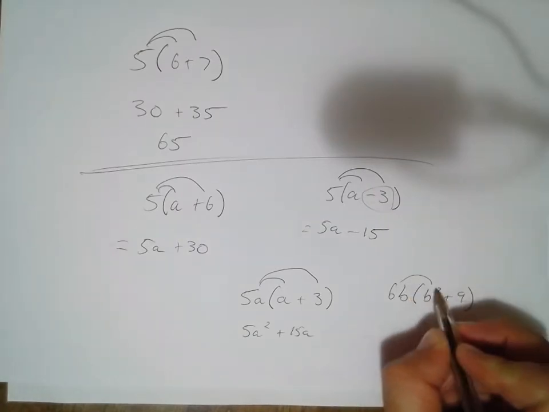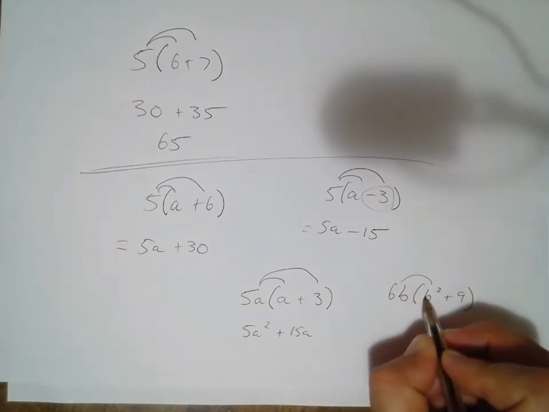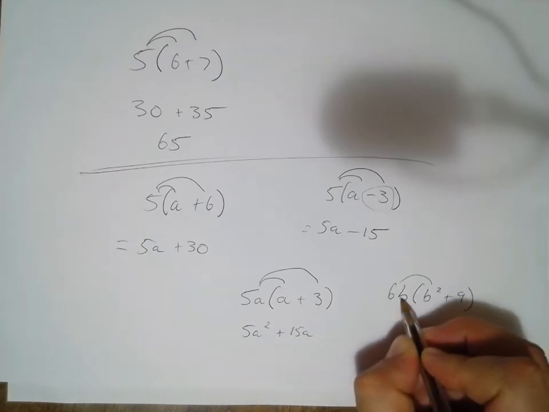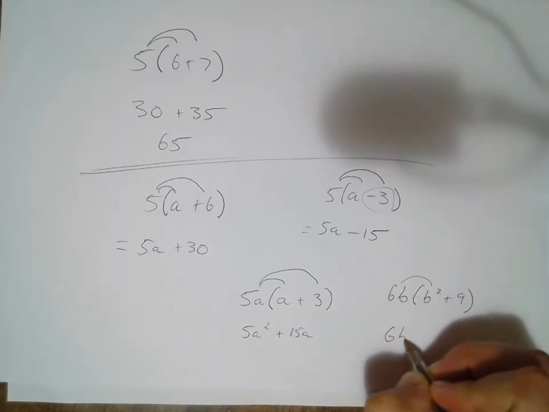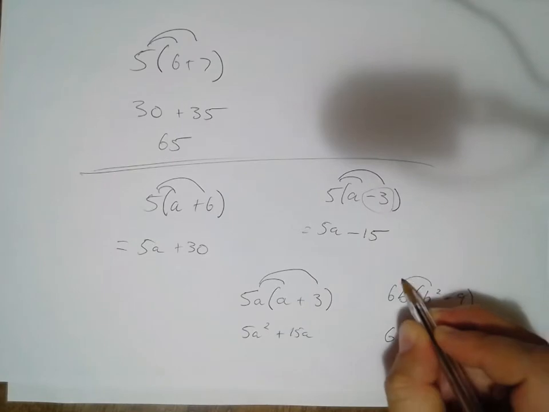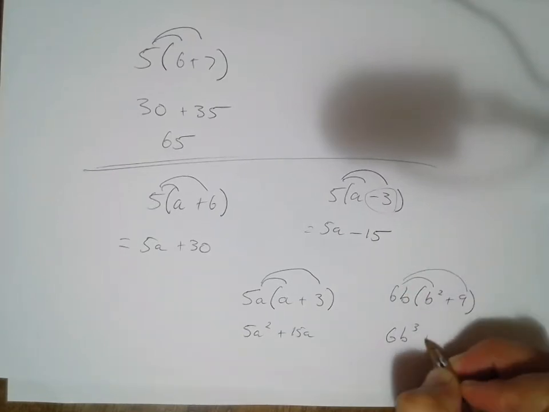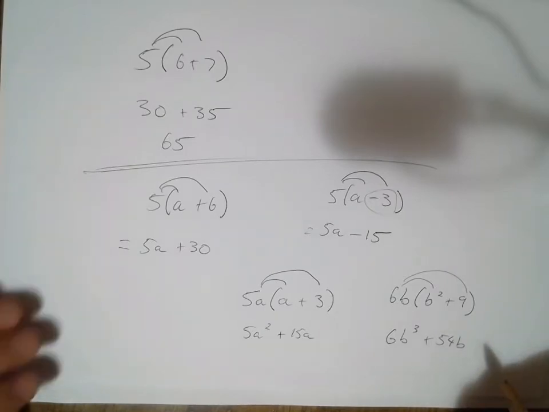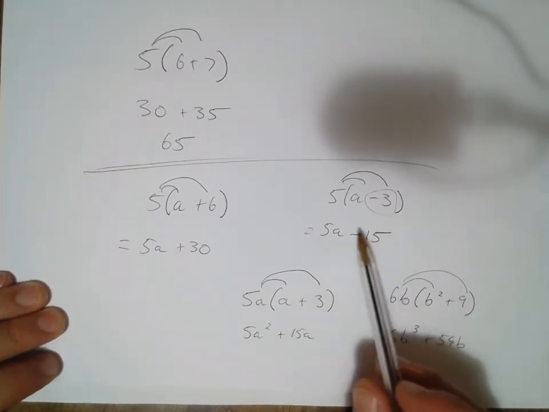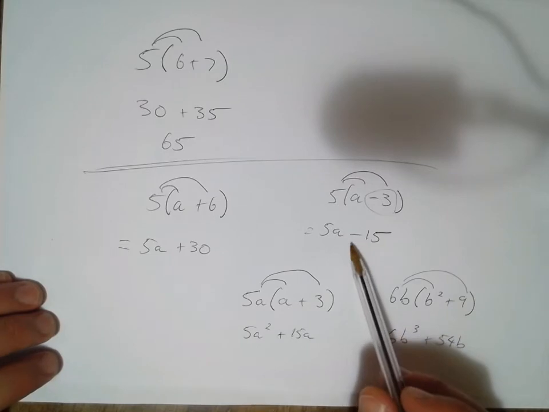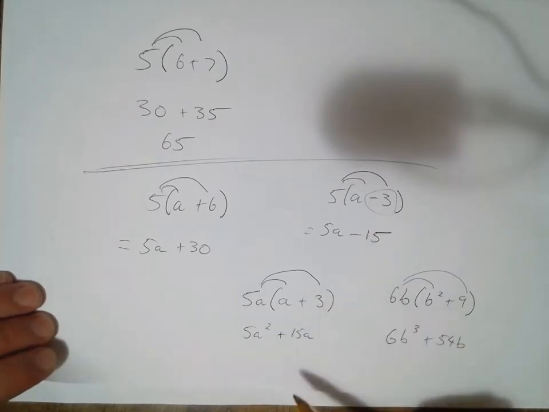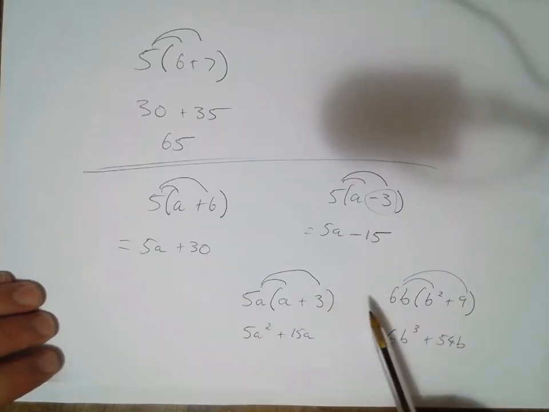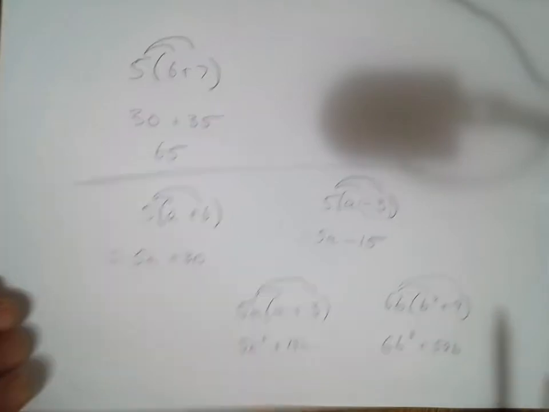So when I'm multiplying, my B squared, I end up with B to the power 3. 6B times 9, 6 times 9 is 54 with my B. Same sort of thing then applies with the minuses, and you'll work through those, but that's basically the principle of it and how it works.